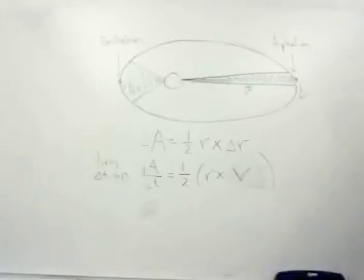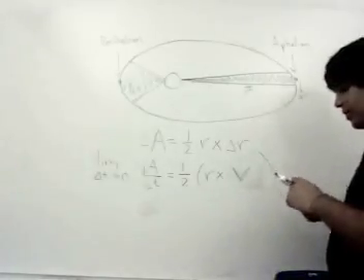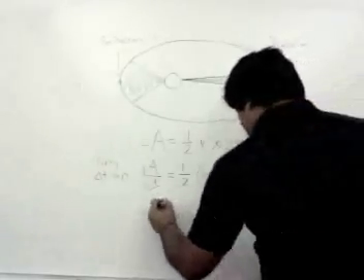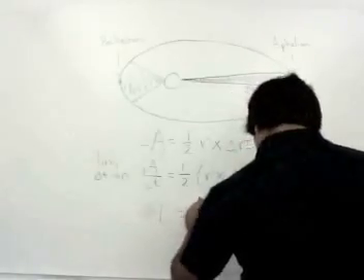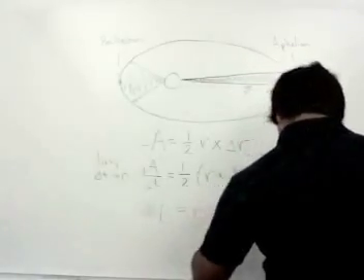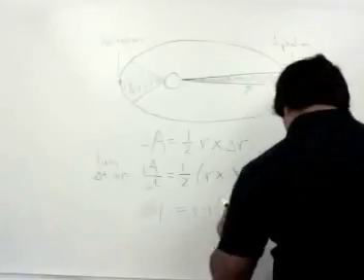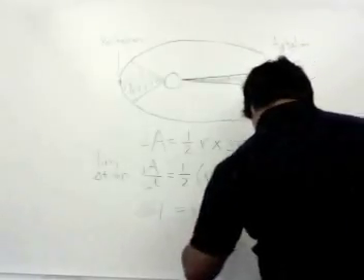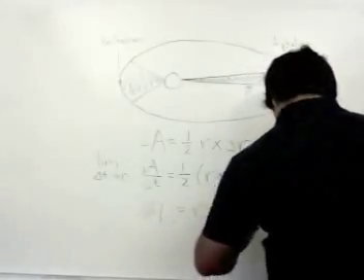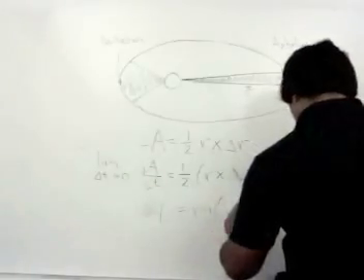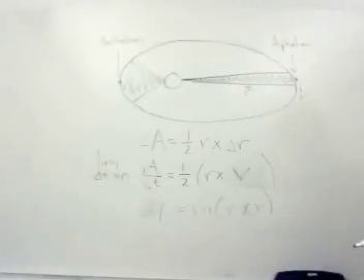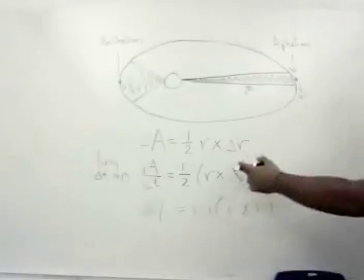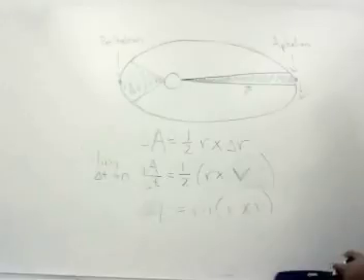Now, I'm not sure if you guys have learned this, but angular momentum, which is L, is equal to mass times the cross product of r and v. So we know that. Now we have an r cross v in our original differential equation.